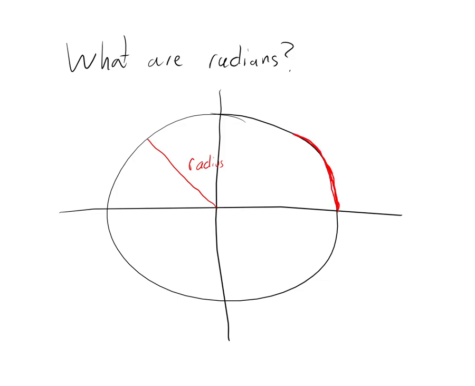Now, in a perfect world, this red line here and this red line here would have the exact same length. I'm not a very good artist. But the important thing is that the angle theta that goes around one radius length, when you connect it, we call that 1 radian.